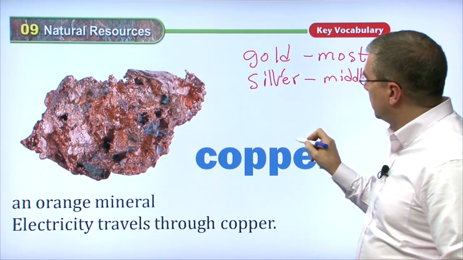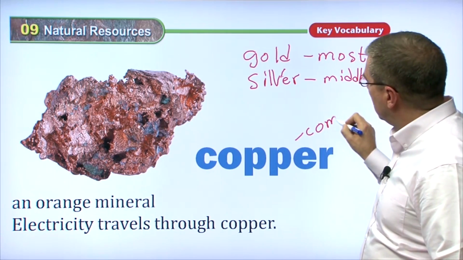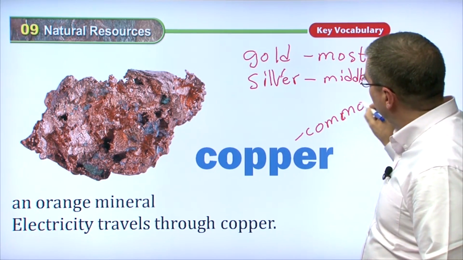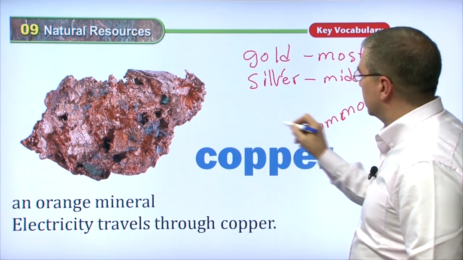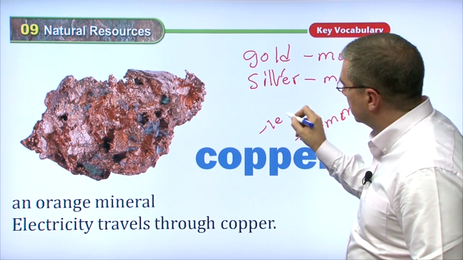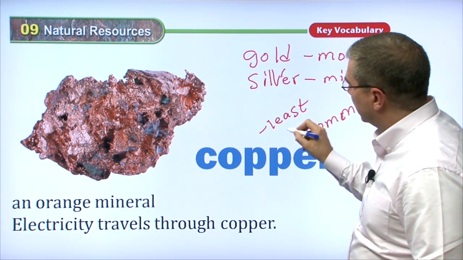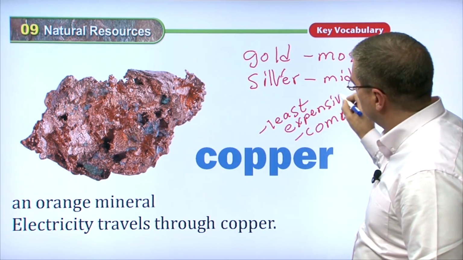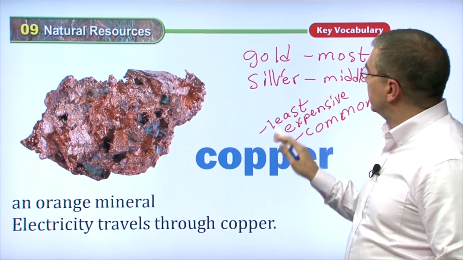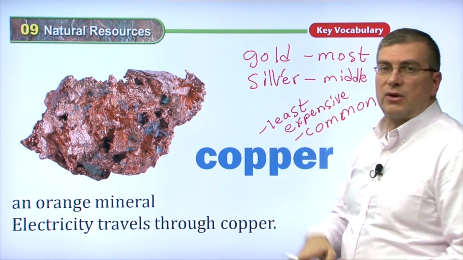Copper is very common. It is also the least expensive. And that's important because I'll explain in a bit. But copper is the least expensive, gold is the most expensive, and silver is in the middle.